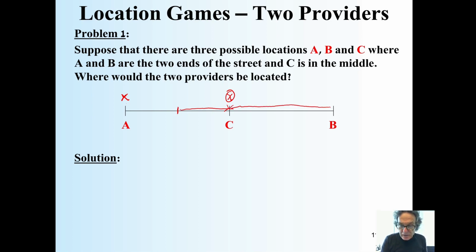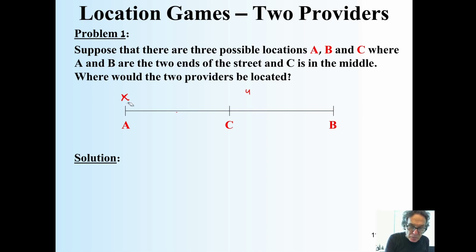So I'll get half plus 1/4. So I'm going to get 3/4 of the population. It's better than being located in A like you, then we'll split half and half. So I want to say that C dominates no matter where you are.